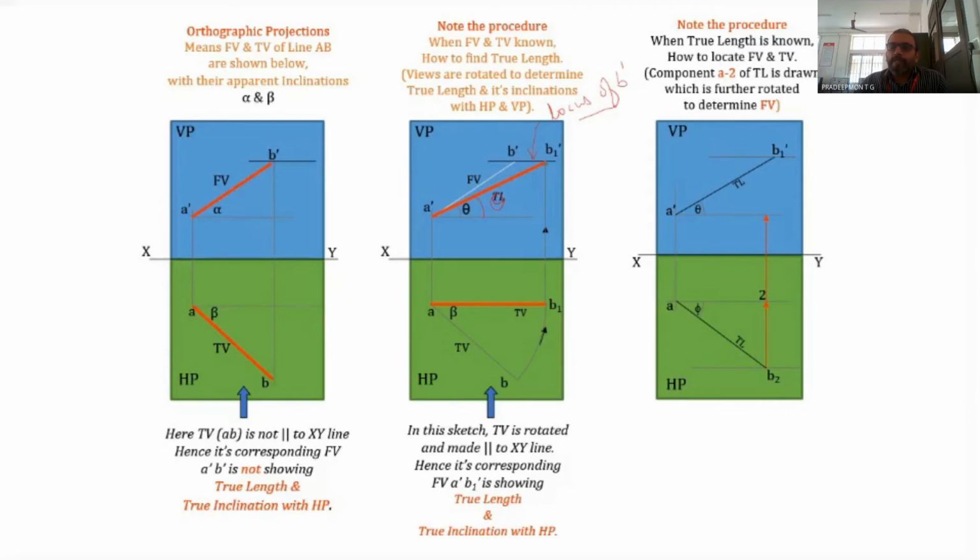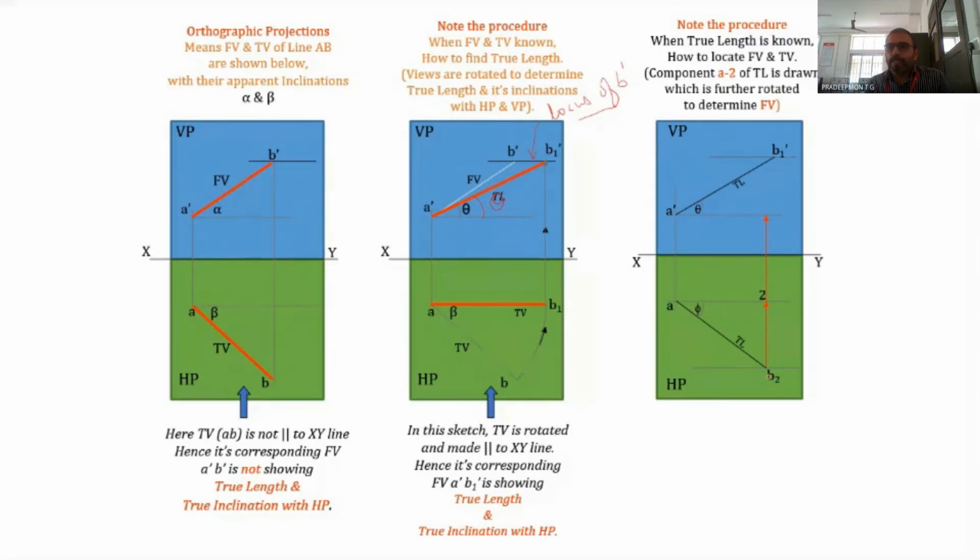That is, in the top view, if you have to get the true length and true inclination with the VP, the line should be parallel to HP. Only if the line is parallel to HP will you get the true length and the true inclination with the VP in the top view. So in this particular figure, you have the true inclination, that is phi, and the true length, that is AB2.